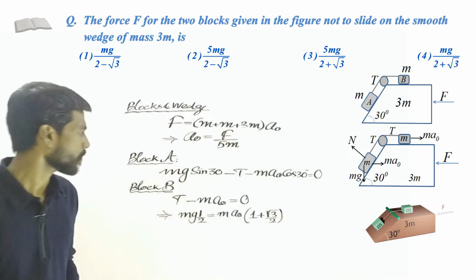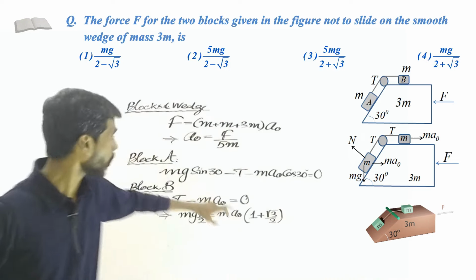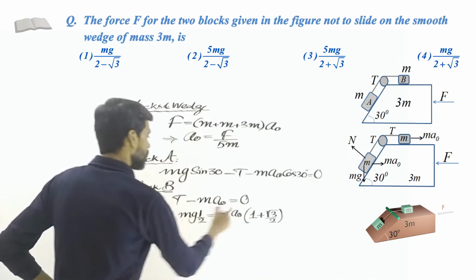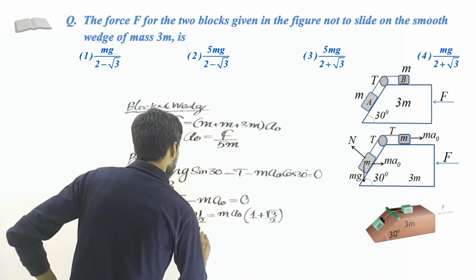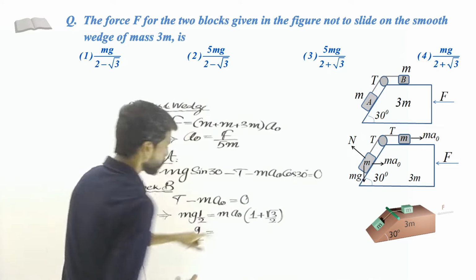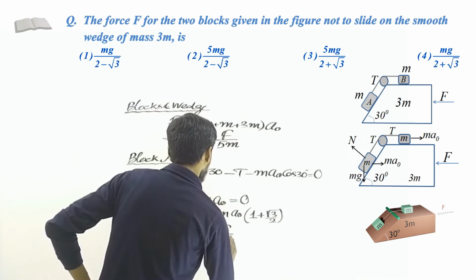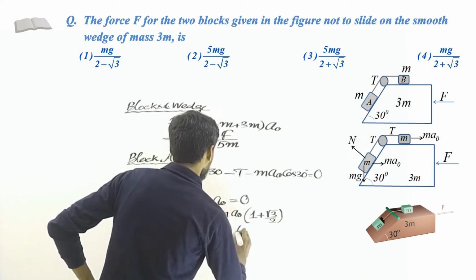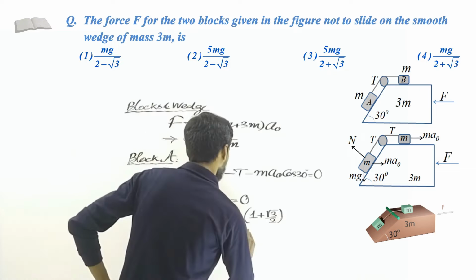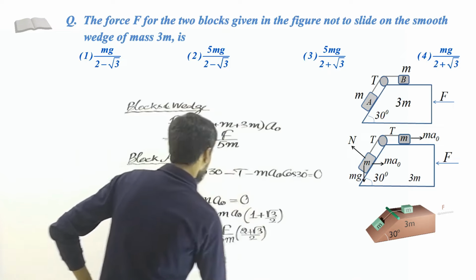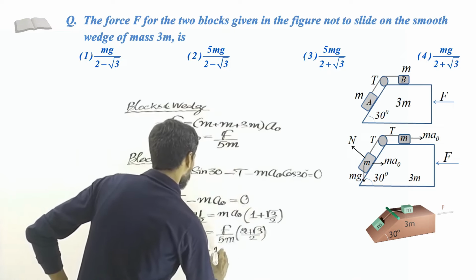We have already found a0, so that can be substituted there. The m gets cancelled, so we get g divided by 2 equals f divided by 5m multiplied by 2 plus root 3 divided by 2. This will give us our required force F.